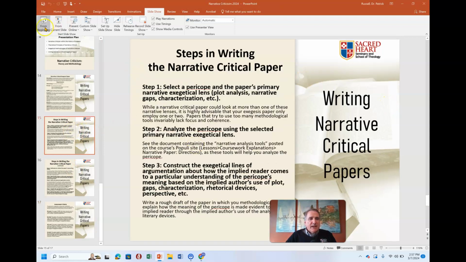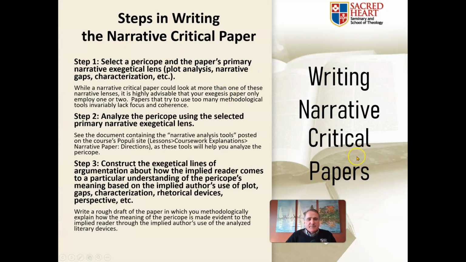All right, now from Chris. So you can use those to determine and analyze the passage. Then the next thing you're going to do is construct the exegetical lines of argumentation about how the implied reader comes to a particular understanding of the pericope's meaning based upon the implied author's use of plot, gaps, characterization, rhetorical device, perspective, etc., whatever lens you're using.